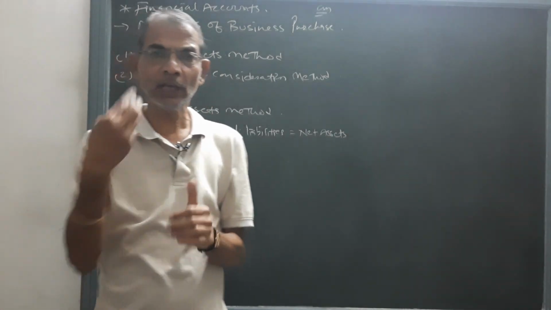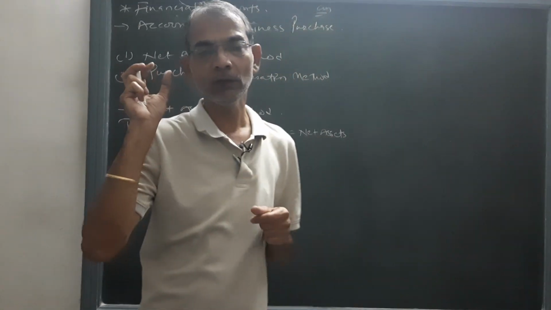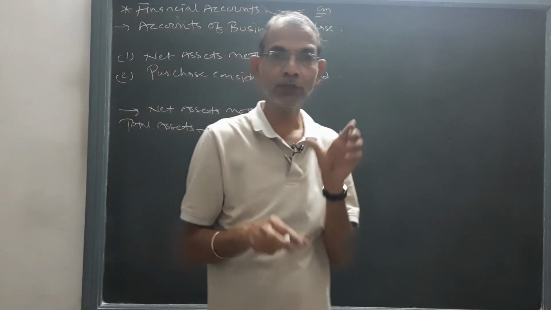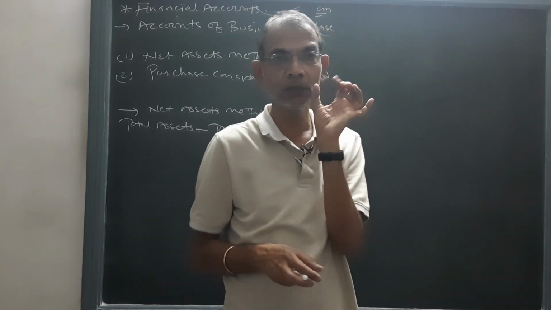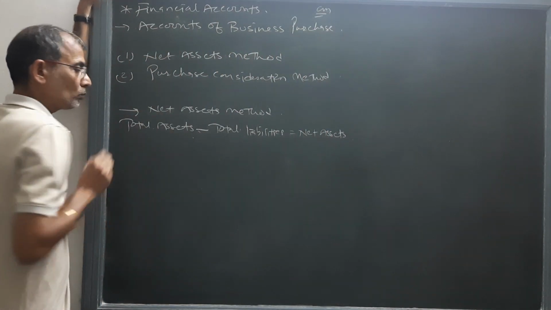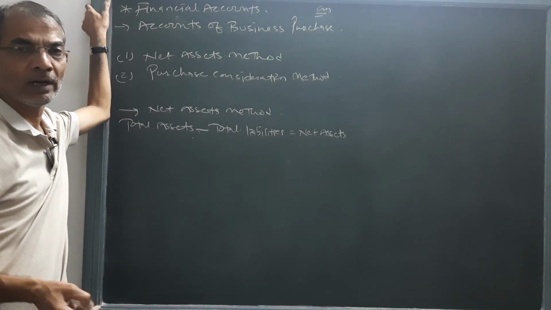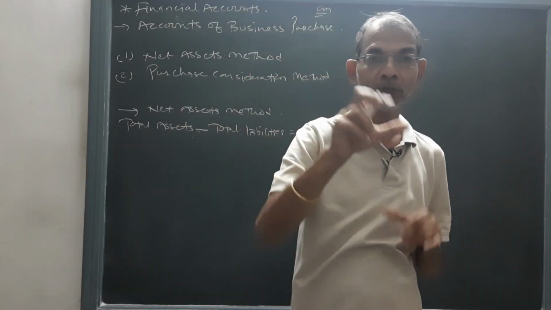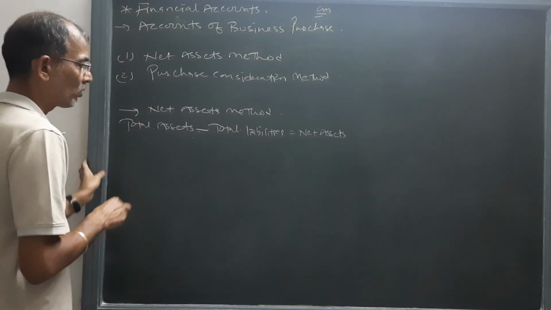In this process, there may be conditions that the value of certain assets is to be calculated in a particular way, or the value of furniture will be this, or the value of building is to be decided at this amount. Stock may be taken at 10% less or 5% less, or debtors are to be calculated at 5% less. In this way, total assets will be found out.